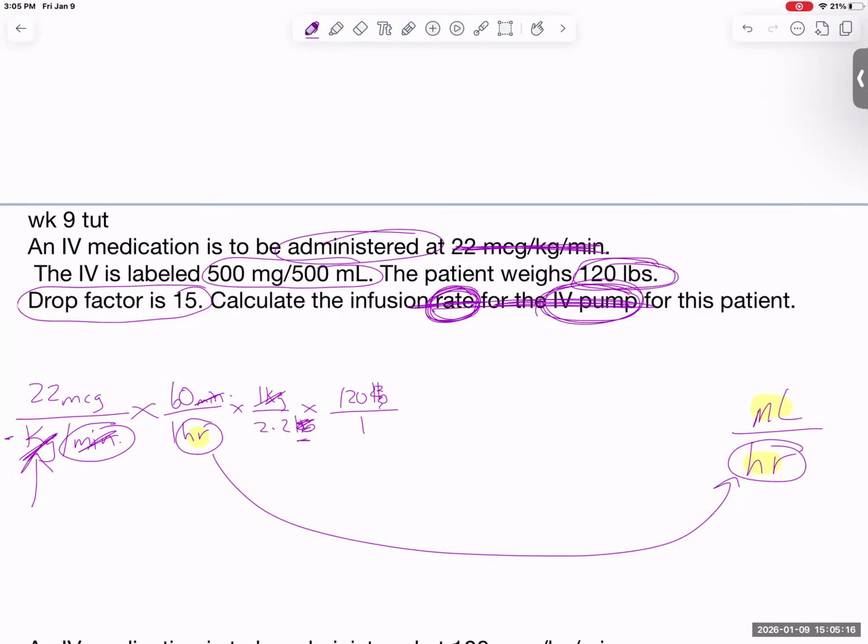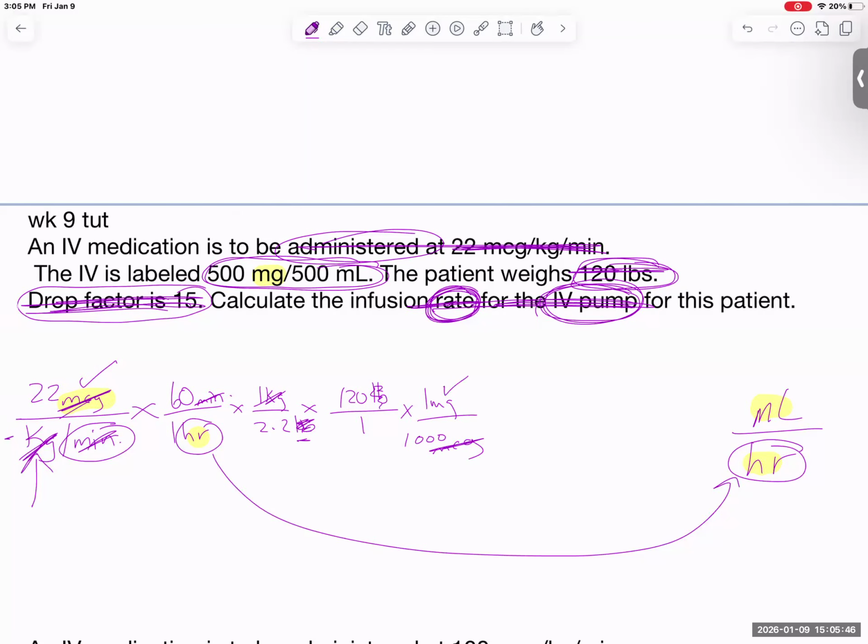And I have a microgram. I've used the weight. I don't need the drop factor because I have a pump. The only thing left is my concentration, but it's in milligrams because Professor K is a monster. So I have to do a conversion. 1 milligram is 1,000 micrograms, which crosses off my micrograms.